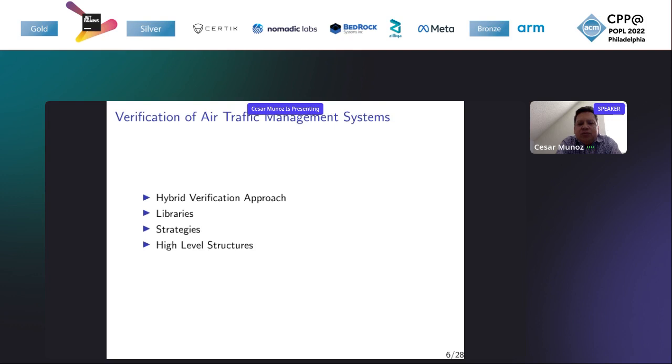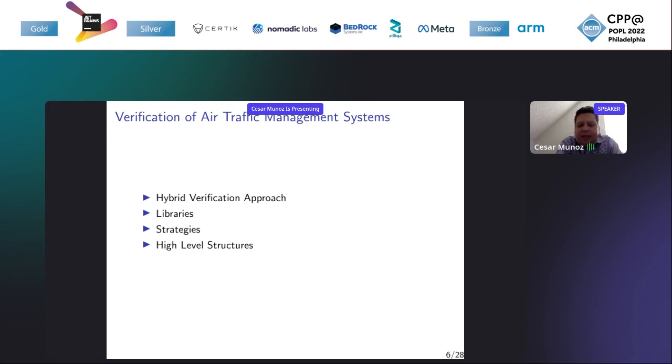We spent a lot of time proving those properties, finding the right way to formalize the dynamics of the aircraft, for example. You can read about them in the reference that I provided here. By the way, there are several references in my presentation. It's not self-serving. I really want to acknowledge the contribution of the many people that participated in this work.